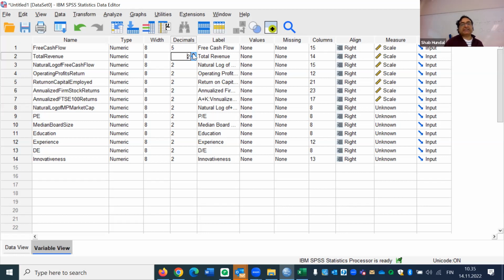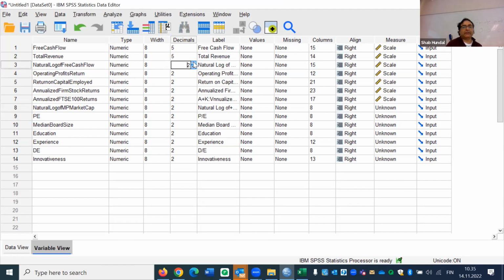So my recommendation is that, depending on the variable, for example, revenue can be in millions, so there's no need to have even 1 decimal. But for those numbers where you need to decide, you decide how many decimal places to take. If I were you, I would take at least 4 to 5 decimal points.